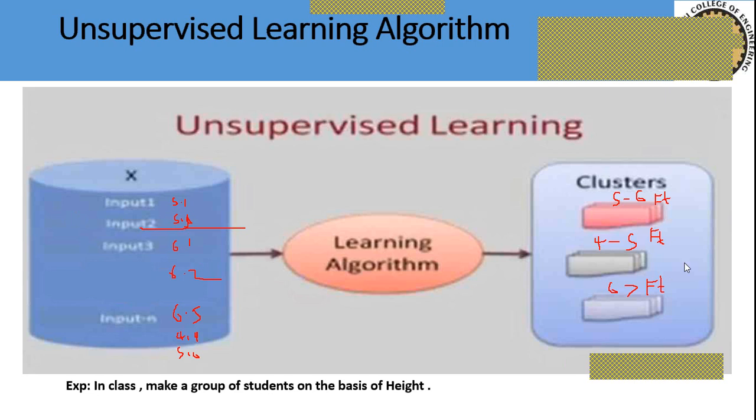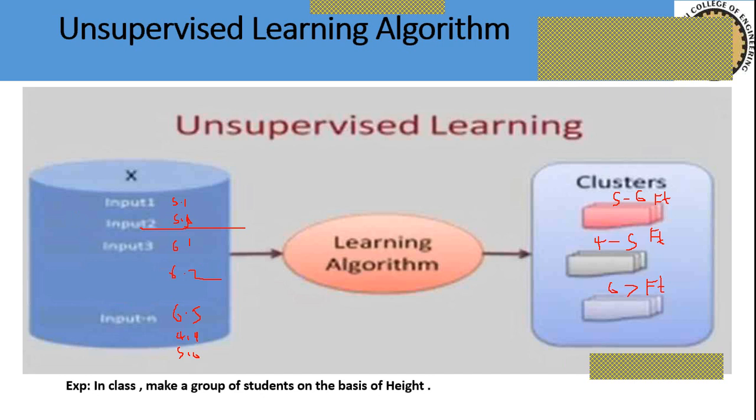Okay. So from this data set, our unsupervised machine learning algorithm has made us 3 clusters. So they are keeping all the students whose height is between 5 to 6 feet in one cluster, 4 to 5 in another cluster, and greater than 6 in one cluster.